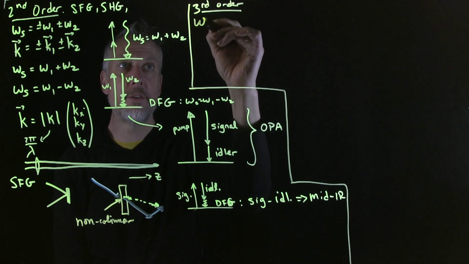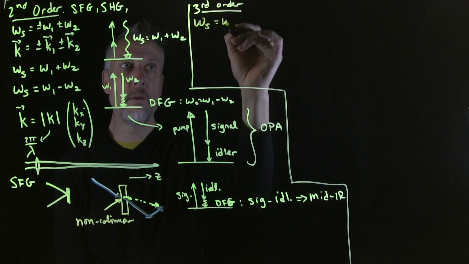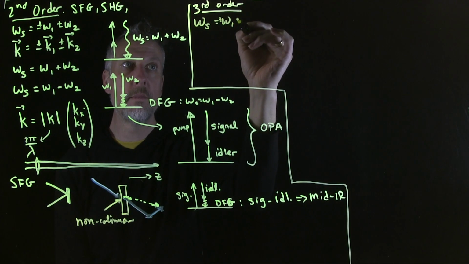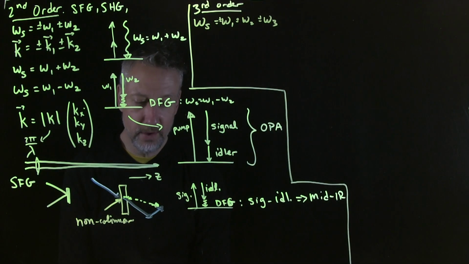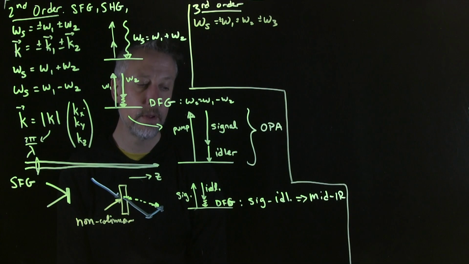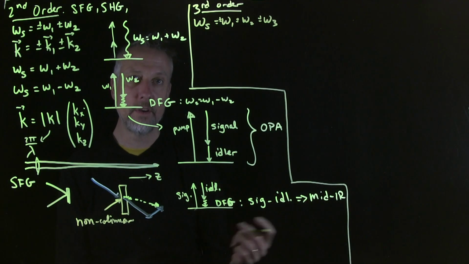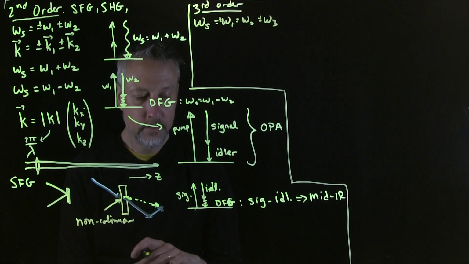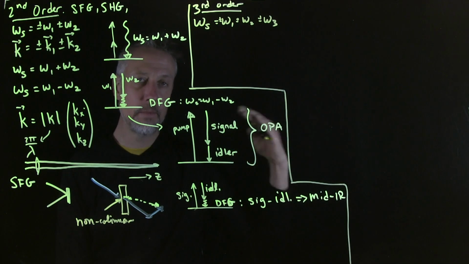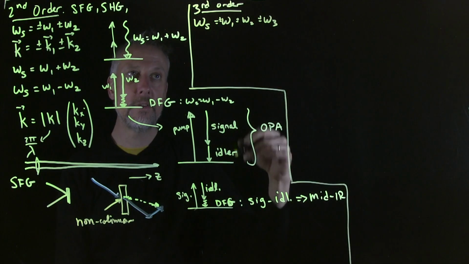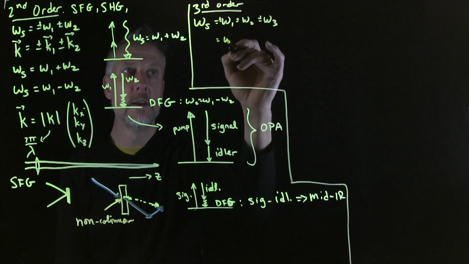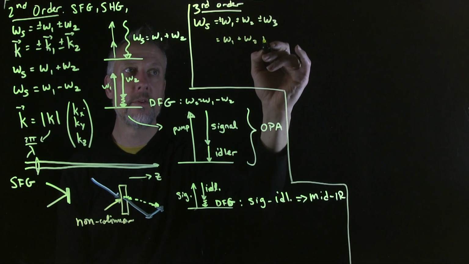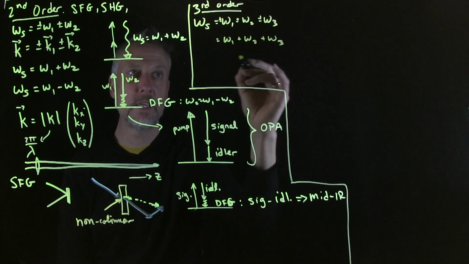Now, the third order has three terms, so the signal can have omega plus or minus omega 1, plus or minus omega 2, plus or minus omega 3. There's a whole bunch of different combinations that we already mentioned. If we rule out all the ones that are the backwards versions of the others, meaning like negative omega 1, minus omega 2, minus omega 3, and call that the same as plus all of them, then the main four frequencies that we get out will be omega 1 plus omega 2 plus omega 3, which is the sum frequency.